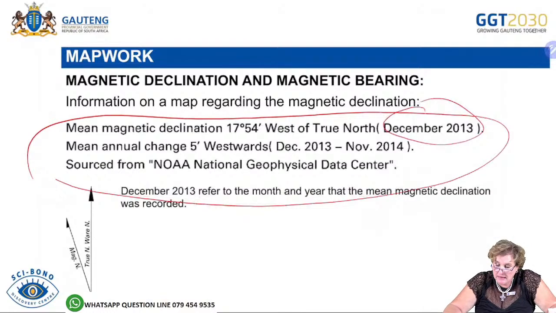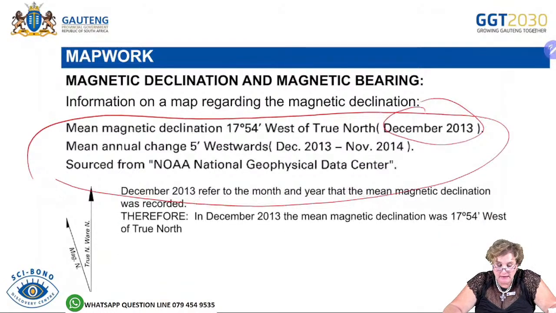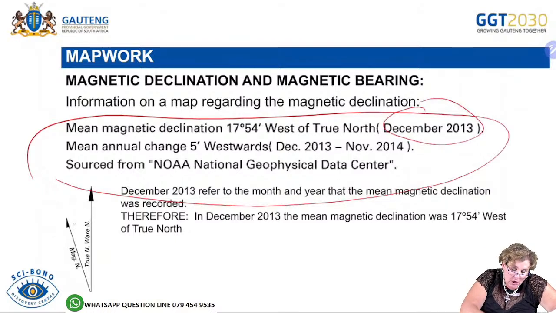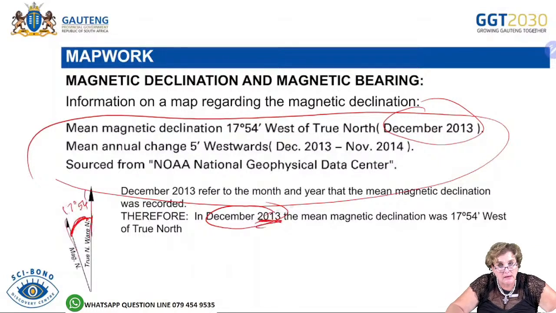This is the month and year when the mean magnetic declination was recorded. Therefore, in December 2013, the mean magnetic declination was 17 degrees 54 minutes. So in December 2013, the difference between the true north and the magnetic north was 17 degrees 54 minutes. That was December 2013.